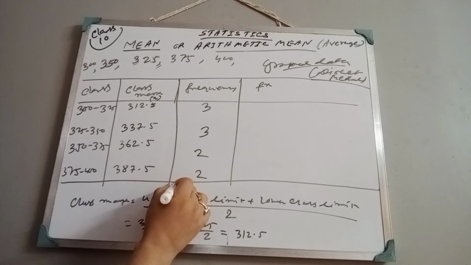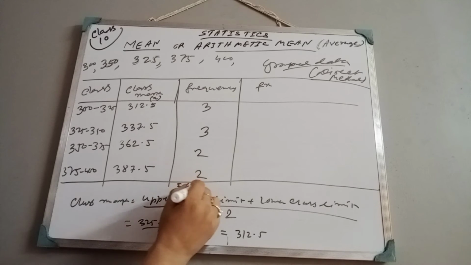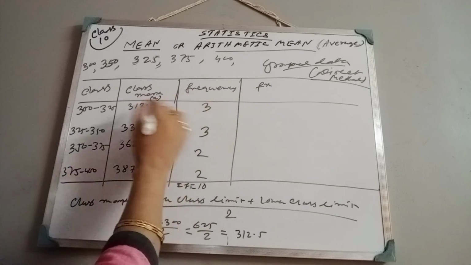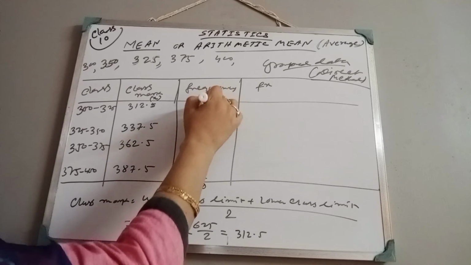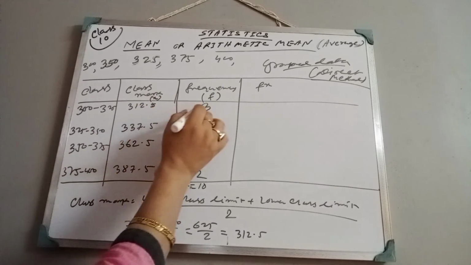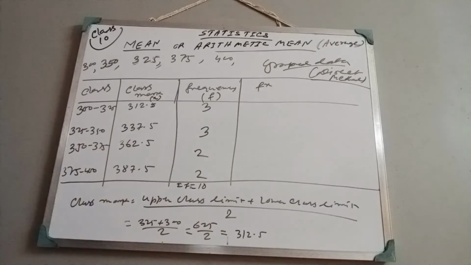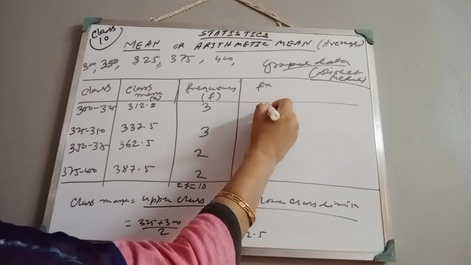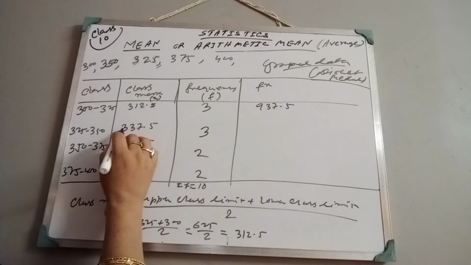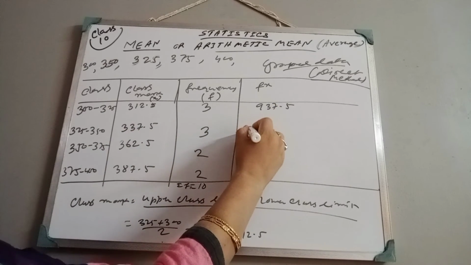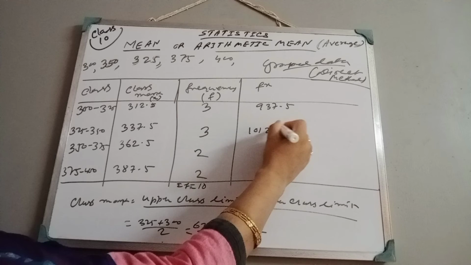Frequency is written here, and we know sigma f equals 10. Add this. Now we have to find fx. This is frequency f and this is x. So 312.5 into 3 is 937.5. Now 337.5 into 3 gives 1012.5.